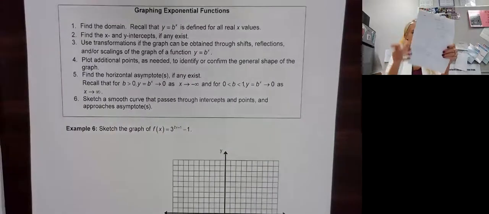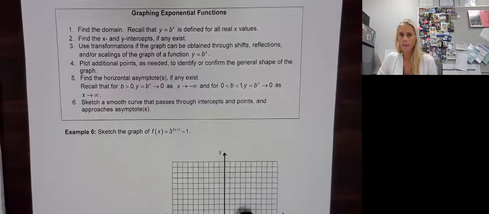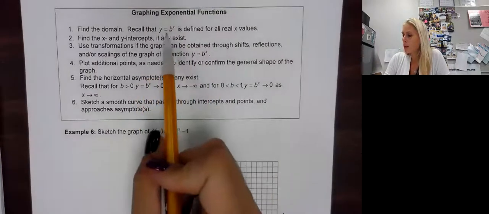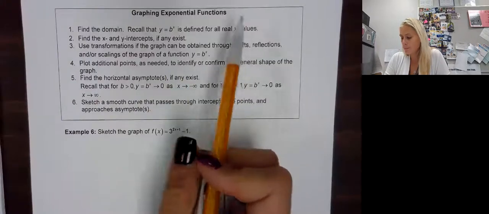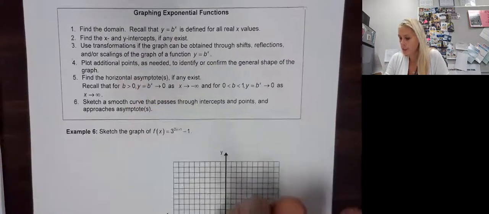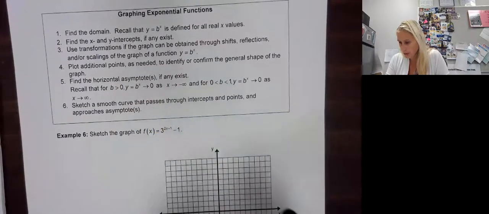All right. One more? Couple more. Let's do some graphing, okay? Graphing exponentials. So a couple things. Find the domain. Recall that y equals b to the x is defined for all x values. We need to find the x and y intercepts. We have to talk about transformations. Plotting points if we need to make sure things are correct.